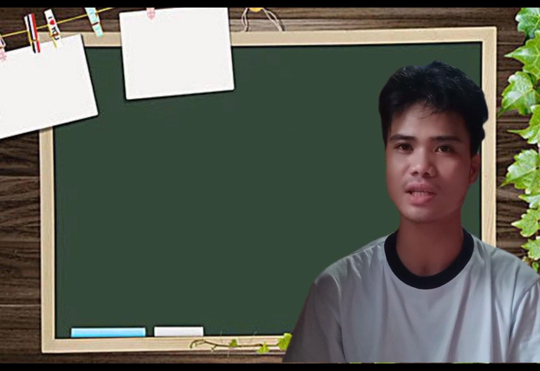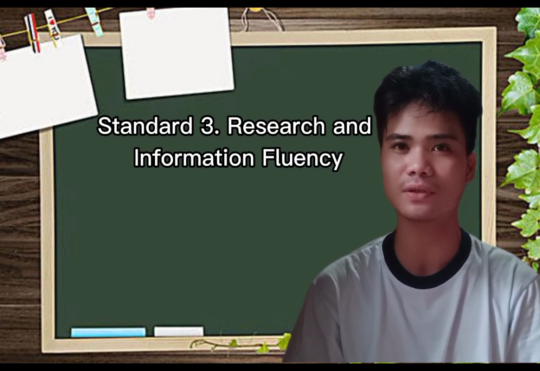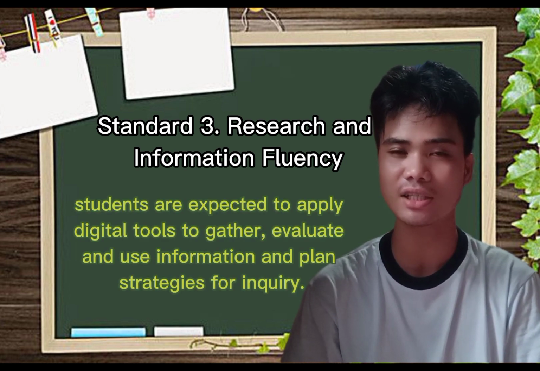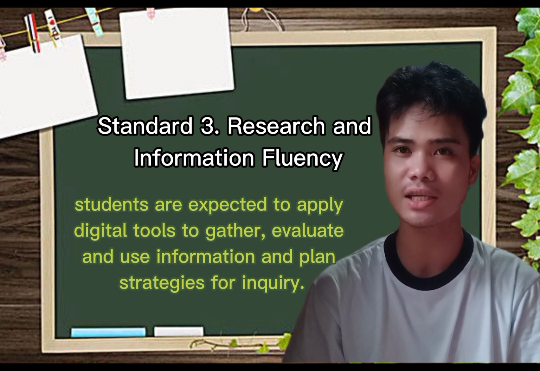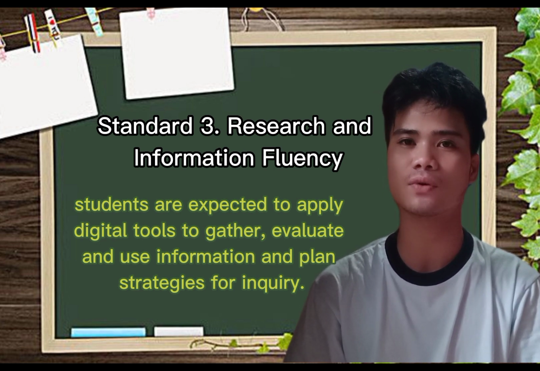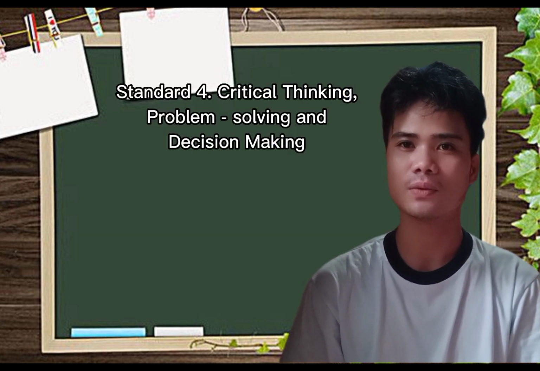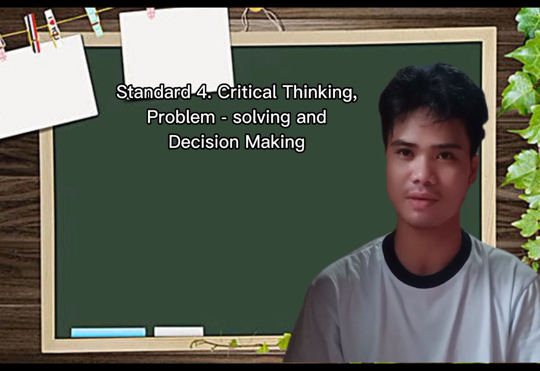So let's go to standard number 3, which is research and information fluency. This means that students are expected to apply digital tools to gather, evaluate, and use information and plan strategies for inquiry. Let's go to standard number 4, which is critical thinking, problem solving, and decision making.